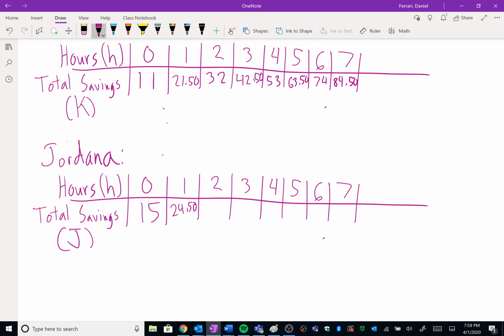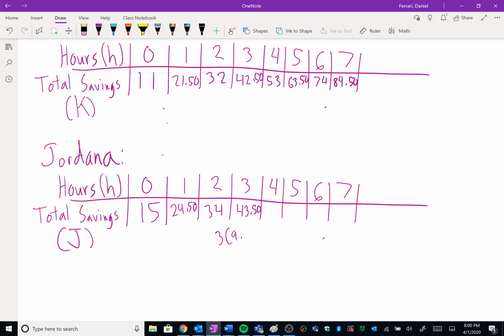The next one will be 34. Okay, and then after that, we will be looking at 43.50. Carrying on. And again, all of these I'm just doing 9.50 times the number of hours plus the allowance.